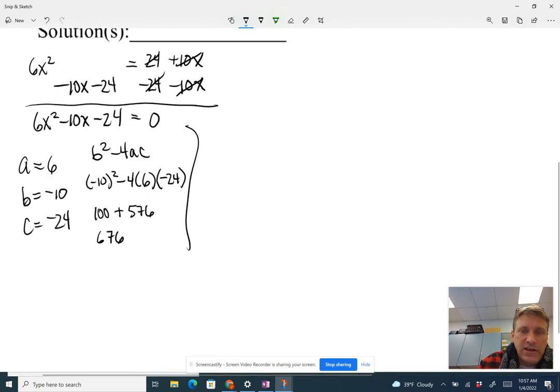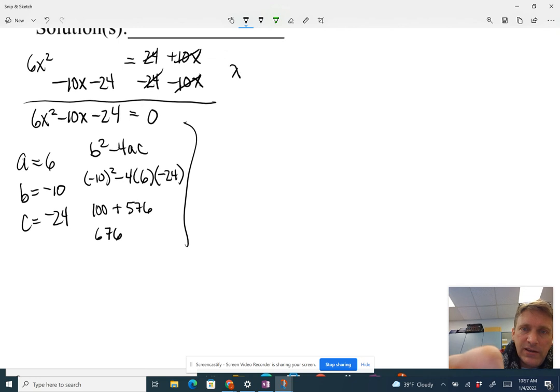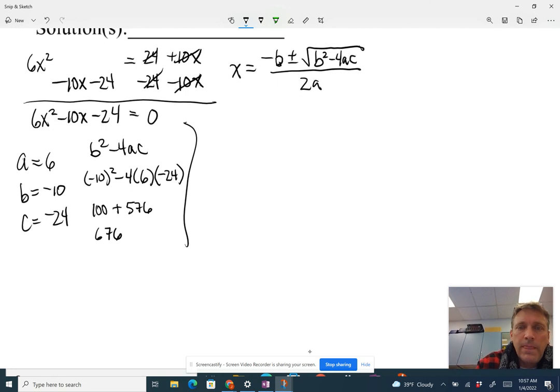676. My solutions are going to come from putting it back into the formula. X equals negative b plus or minus the square root of b squared minus 4ac all over 2a. Now, the opposite of b, since b is negative 10, the opposite of negative 10 is positive 10. Plus or minus the square root of, and we already calculated it, so we just put 676 in here.